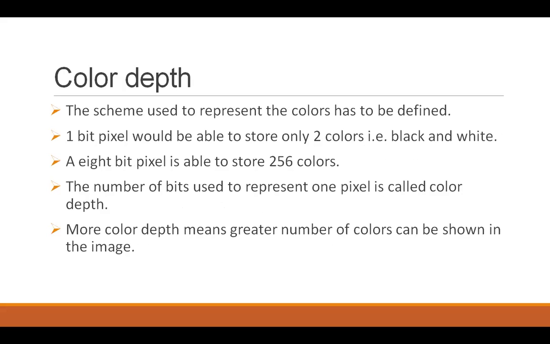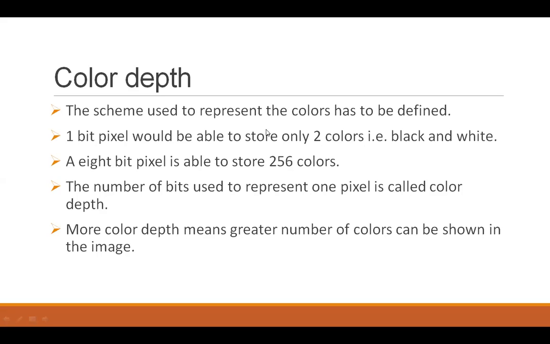Now you have to understand one more concept which would be a bit new to you, the color depth. Each of the images has to have the range of color it can represent.